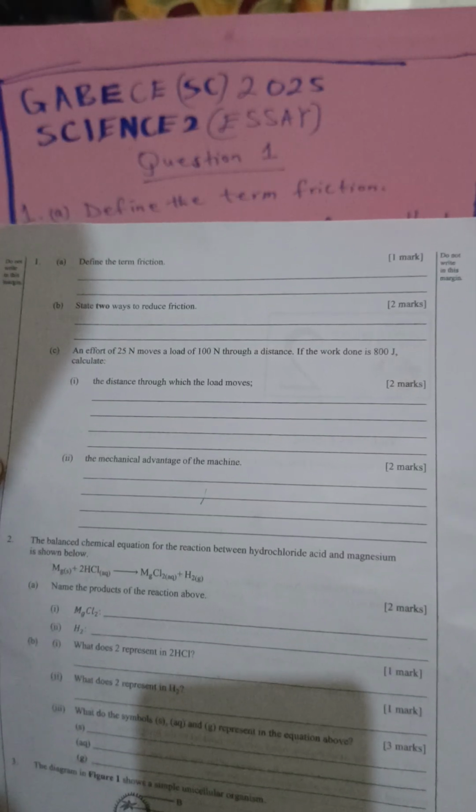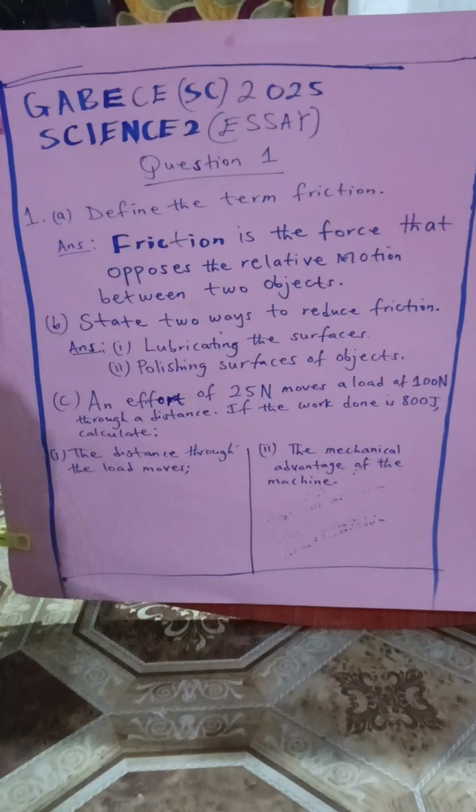If the work done is 800 joules, calculate Roman figure 1, the distance through which the load moves. Roman figure 2, the mechanical advantage of the machine. So the questions are already there.